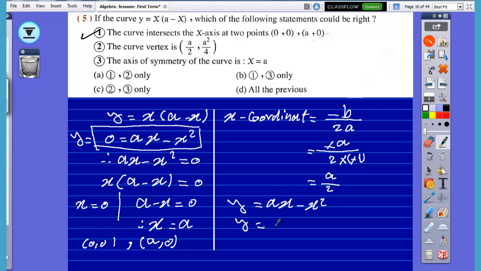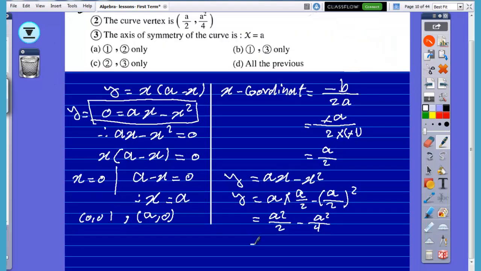So y equals a multiplied by a over 2 minus a over 2 all squared, and we can simplify it. It will be a square over 2 minus a square over 4.